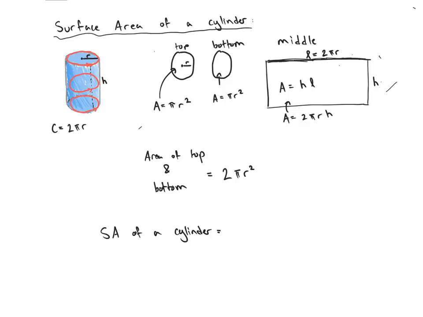We just have to add the surface area of the top plus the surface area of the bottom to the surface area of that middle portion. So our formula is 2 pi r h plus 2 pi r squared.